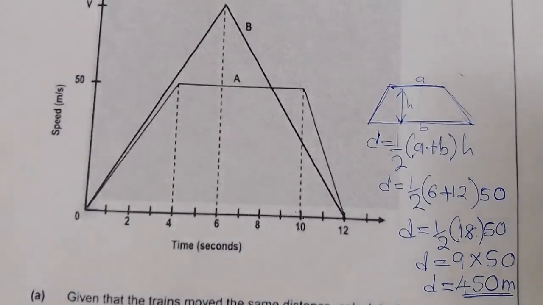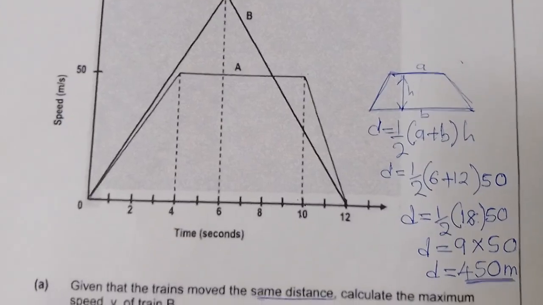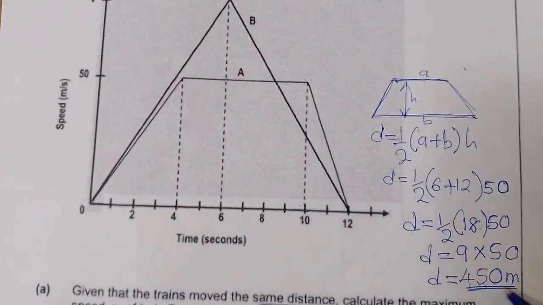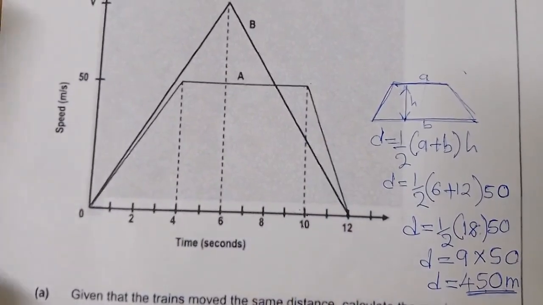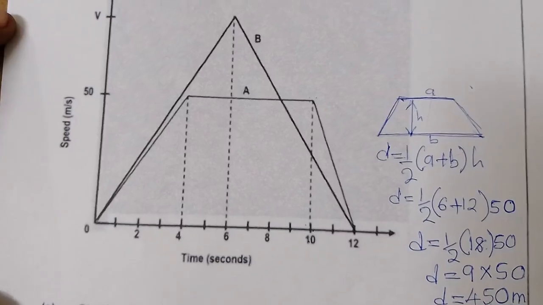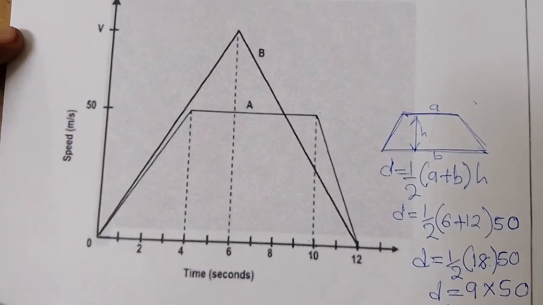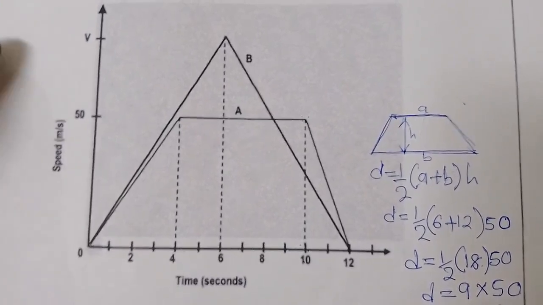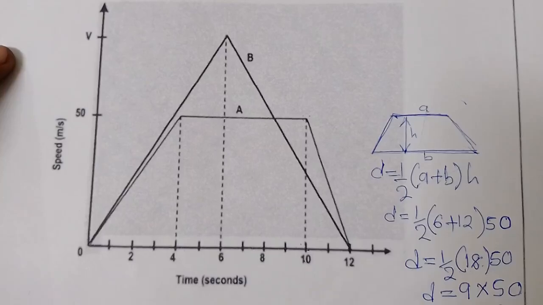So now, here what we are interested in is to find the value, the speed v. We've calculated the distance. So when you look at train B, let us now go to train B. What you have to do is that you are going to say from here to there.